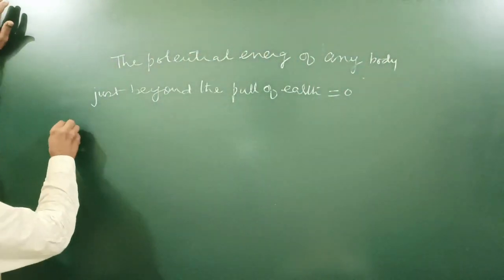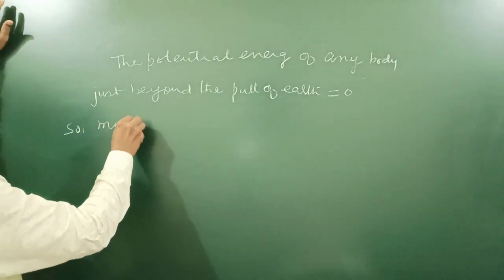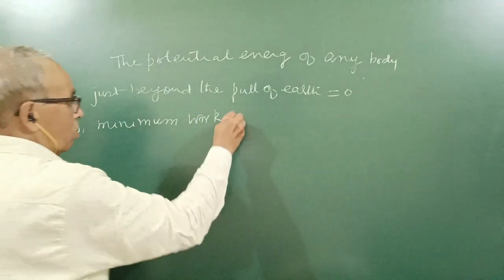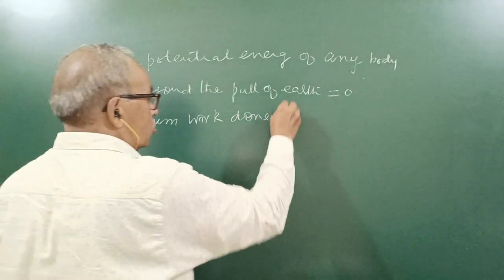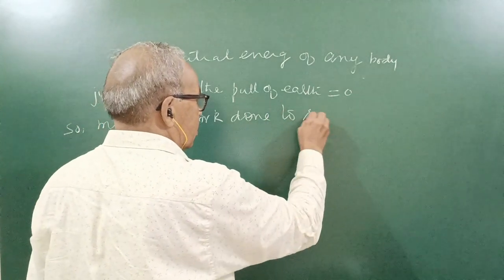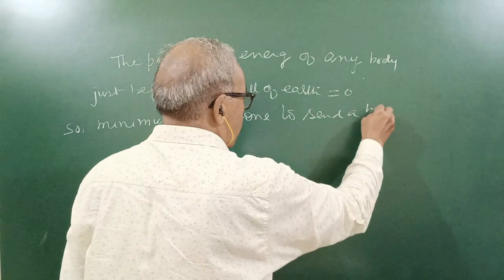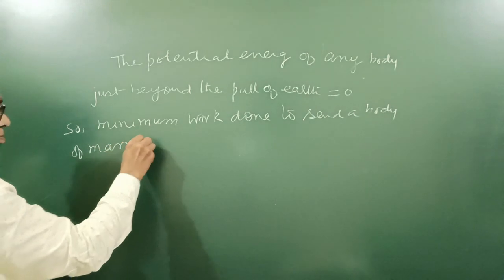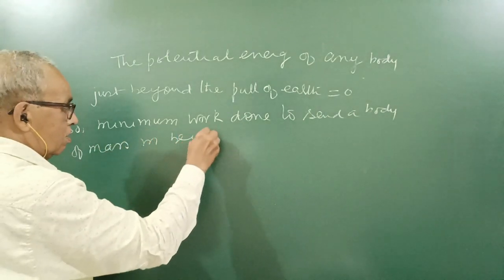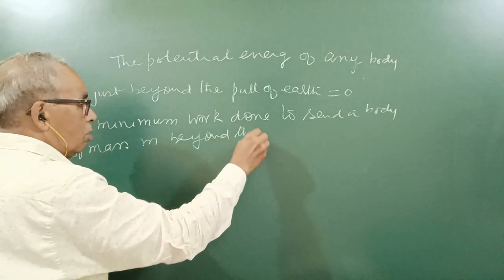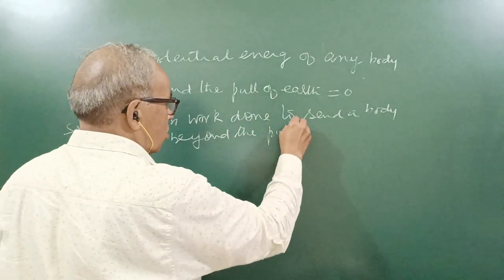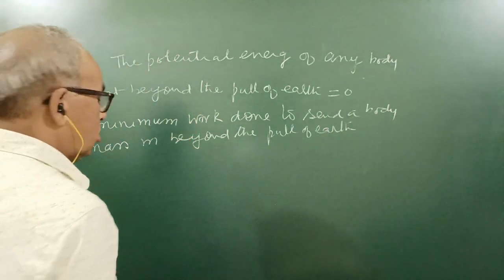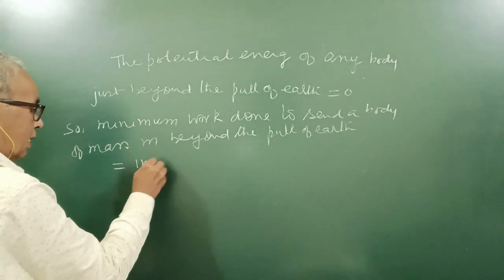So the minimum work done to send a body of mass m beyond the pull of Earth is equal to the increase in potential energy.